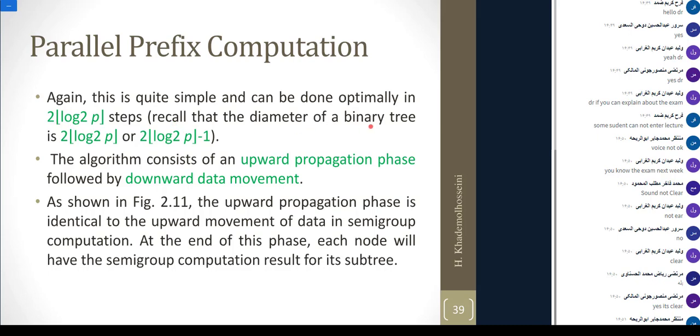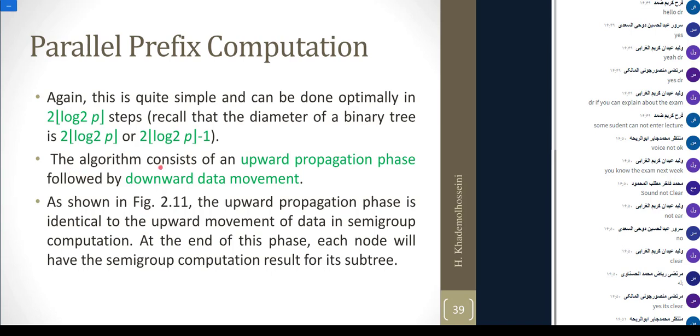Recall that the diameter of a binary tree is 2 log p, base 2, or 2 log p minus 1. It depends on the place of leaves.